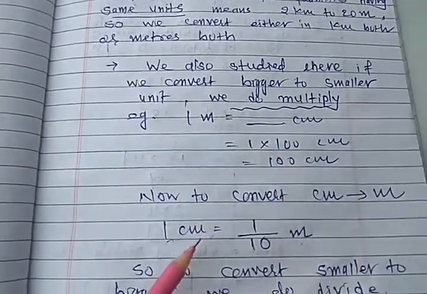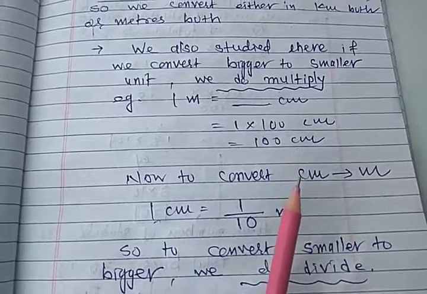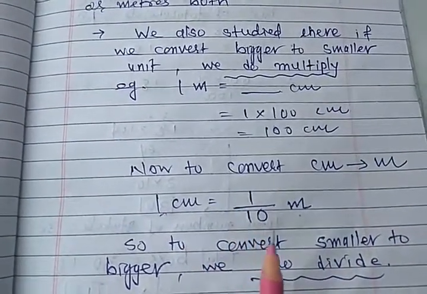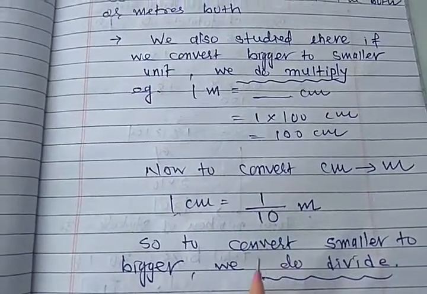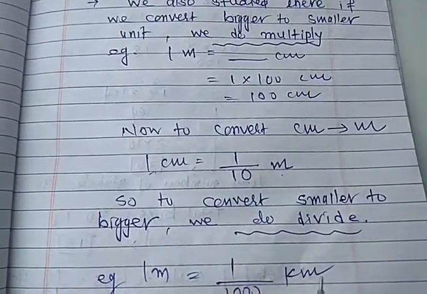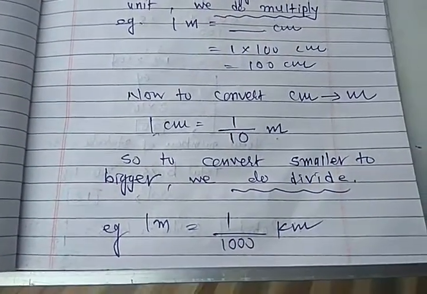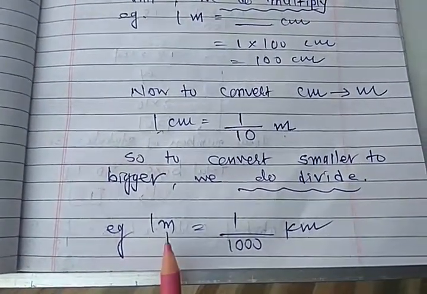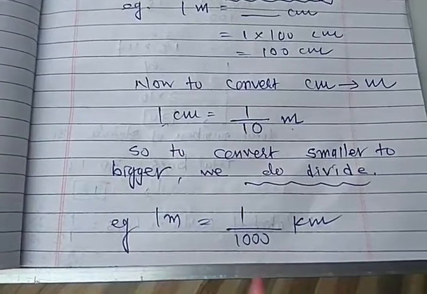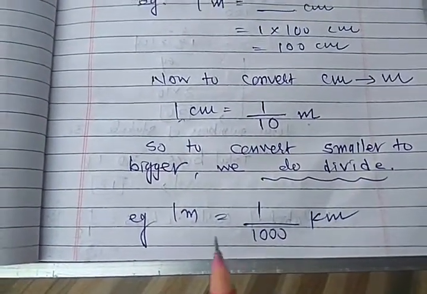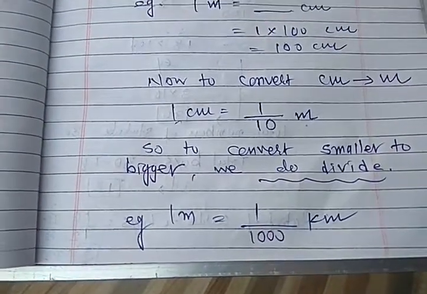When we convert centimeter into meter, 1 centimeter is equal to 1 upon 100 meter, means we have to divide. So when we convert smaller to bigger, we divide. This is the general concept. Similarly, if we convert meter to kilometer, means smaller to bigger, 1 kilometer is equal to 1000 meter, so 1 meter is equal to 1 upon 1000 kilometer.